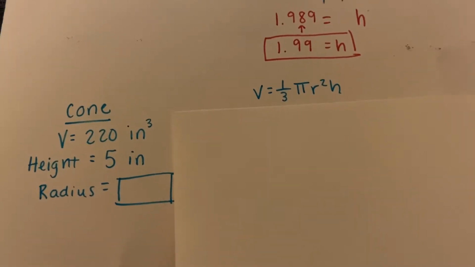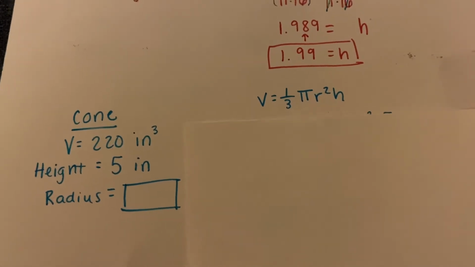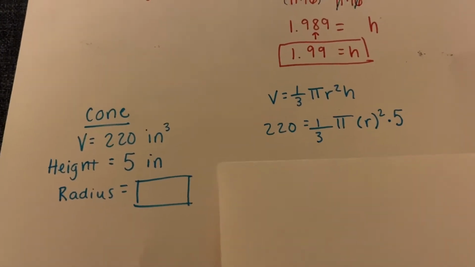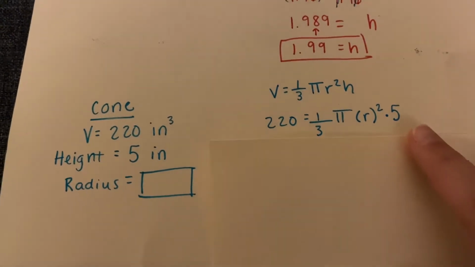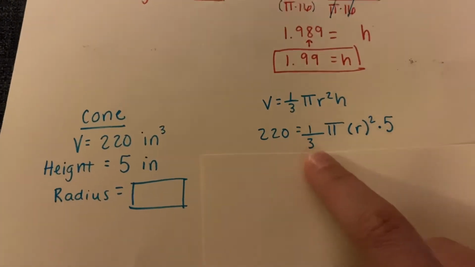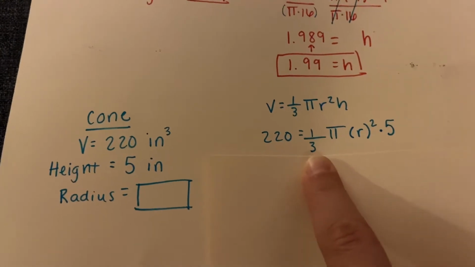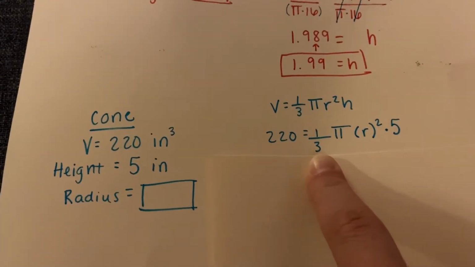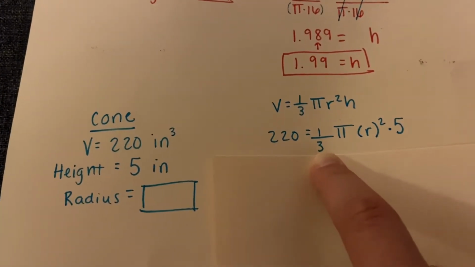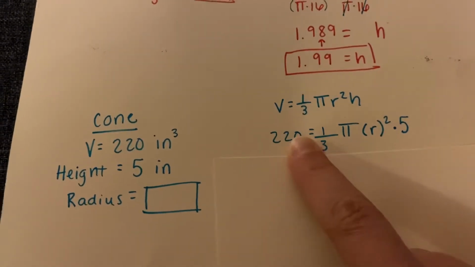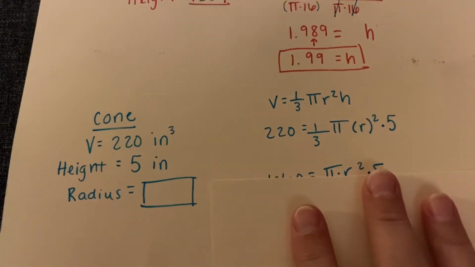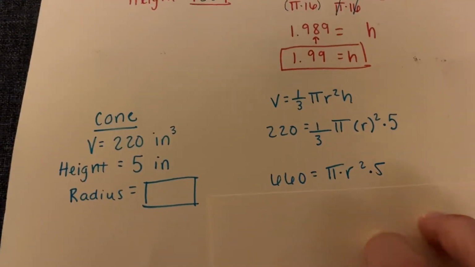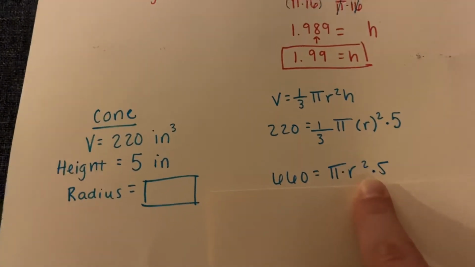So I'm going to plug in for V and H, and boom, that's what I'm left with here. Now what you're going to notice is that this 1/3, my best first step is I like to multiply both sides by 3, because that's going to cancel out this 1/3. So if I do that, this is what I'm left with.